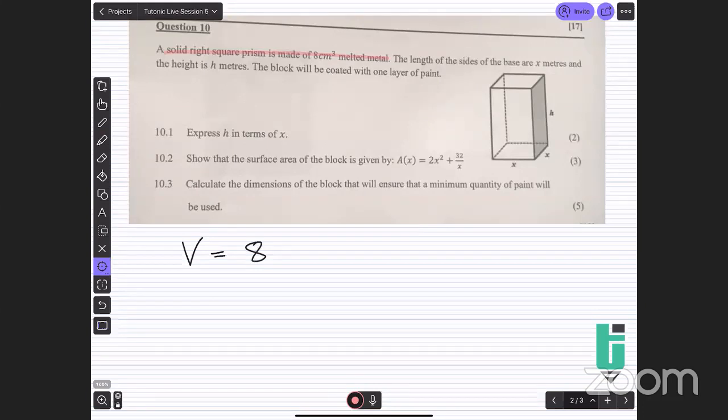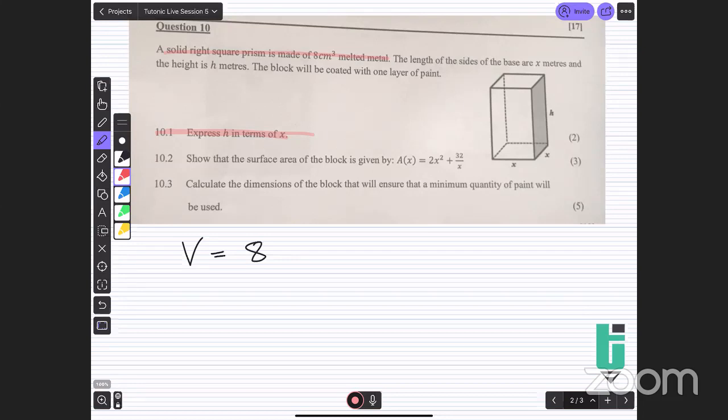The block will be coated with 1 layer of paint. Now they say express h in terms of x. What does that mean?